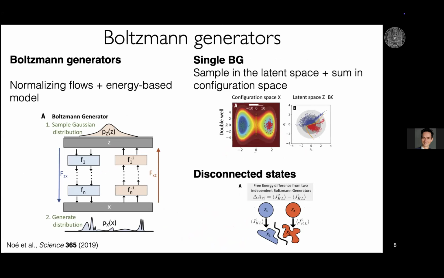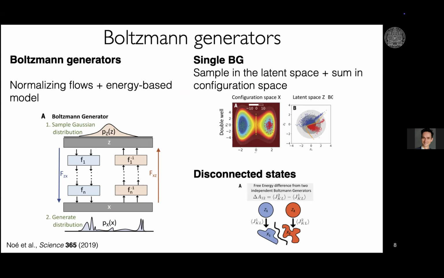Another approach, of course, was the Boltzmann generator, worked out with Simon and others, which really are normalizing flows, or, I'm really simplifying, normalizing flows with an energy-based model, where you're trying to transform a trivial Gaussian distribution into your data distribution by applying a number of transformations that implement your Jacobian.